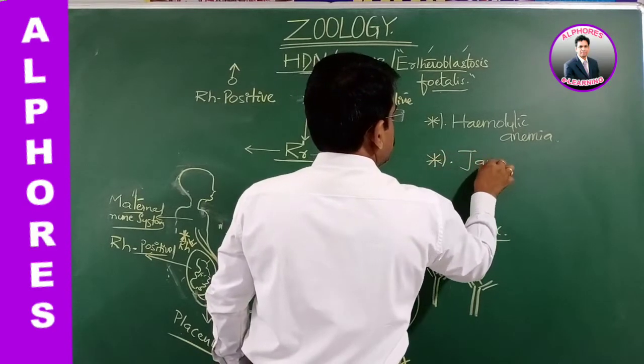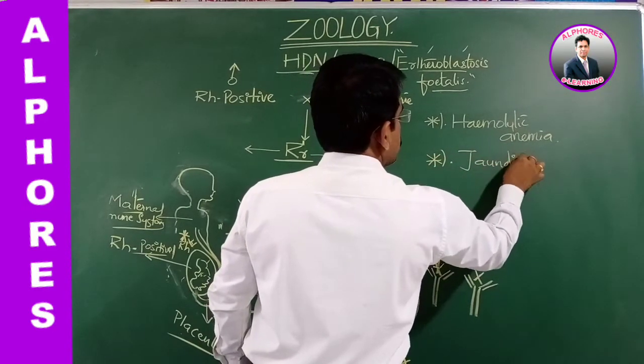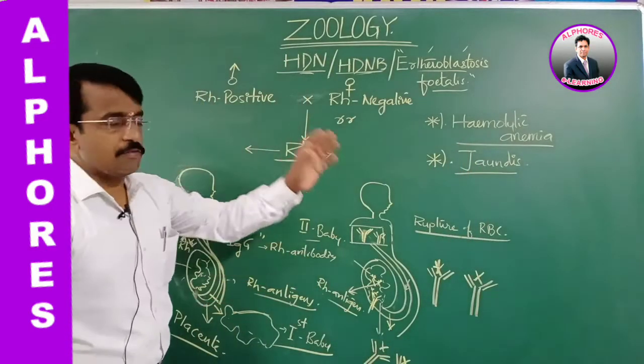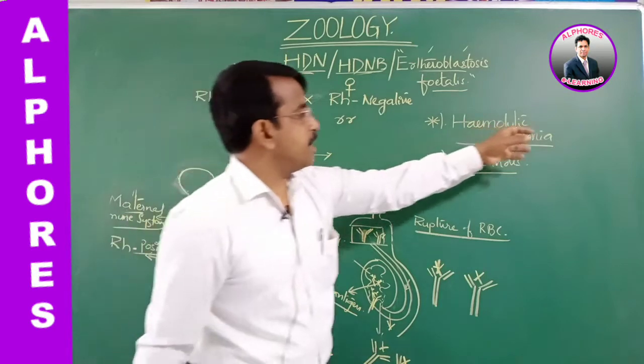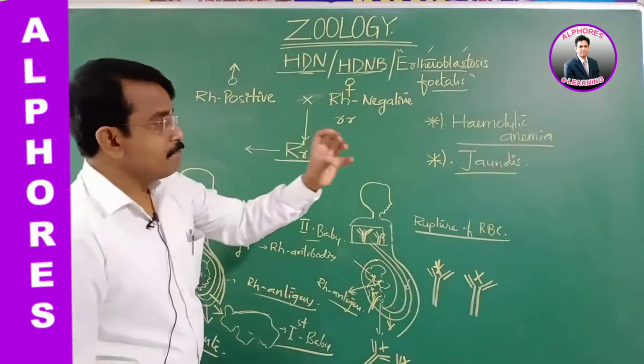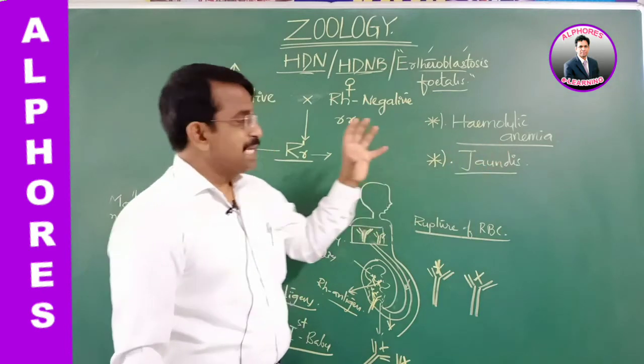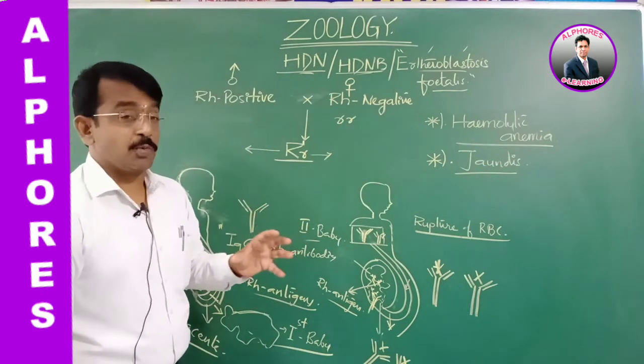Hemolytic anemia and jaundice are the symptoms they are prone to. That is, the liver is affected. Besides that, the RBC number reduces. That is hemolytic anemia. So these are the consequences.